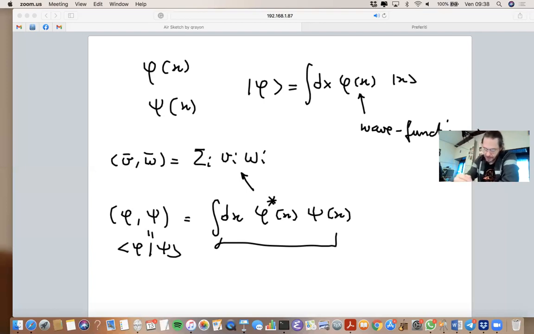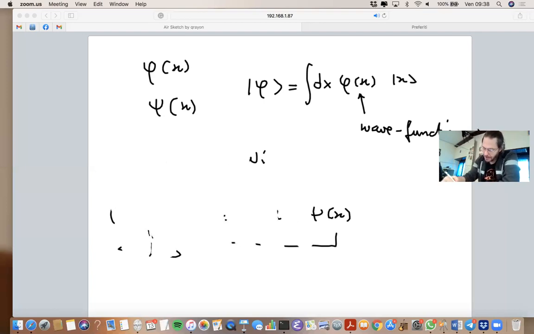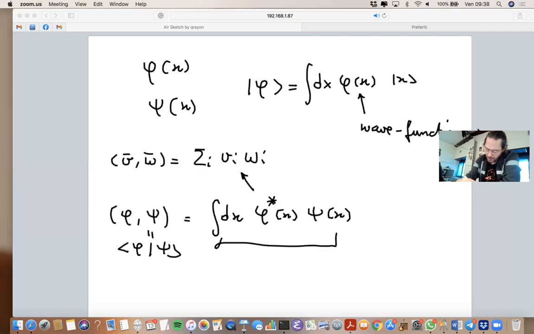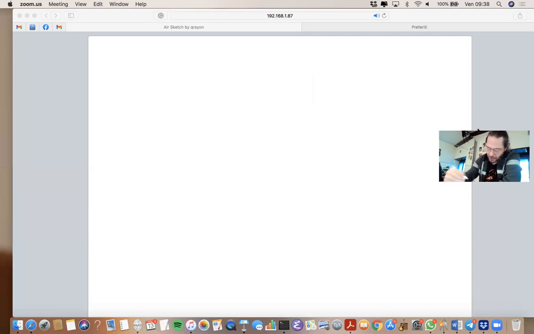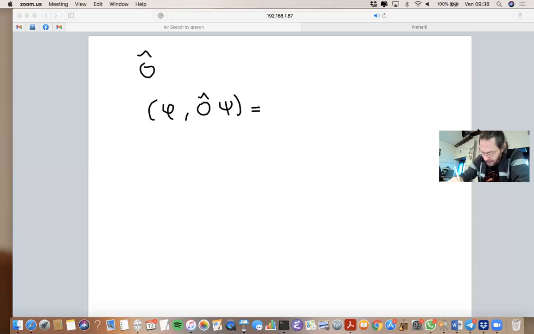So what does it mean? Let's consider some operator O. Then I can do (phi, O psi), and after I represent phi and psi, this is basically the integral over dx of phi star of x, and then O acting on psi of x.